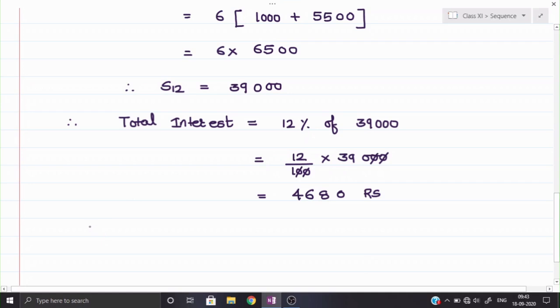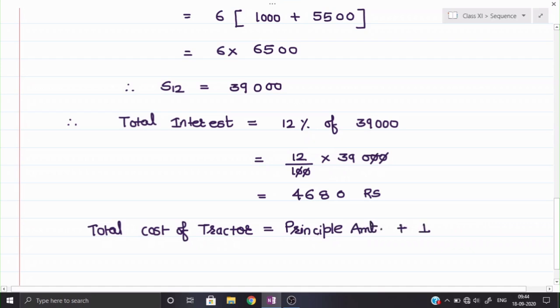So we can say that the total cost of the tractor will be the principal amount plus the interest part that remains. So the principal amount, how much do we have, 12,000, because he bought the tractor for 12,000 rupees, and the amount of interest is 4,680.